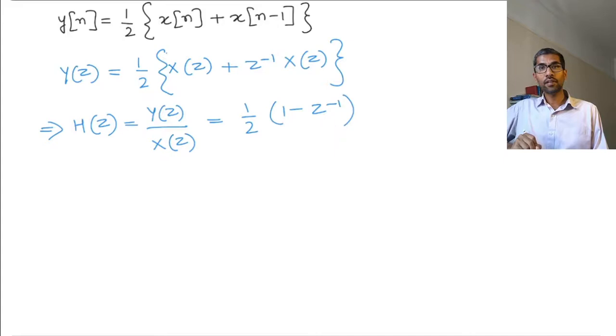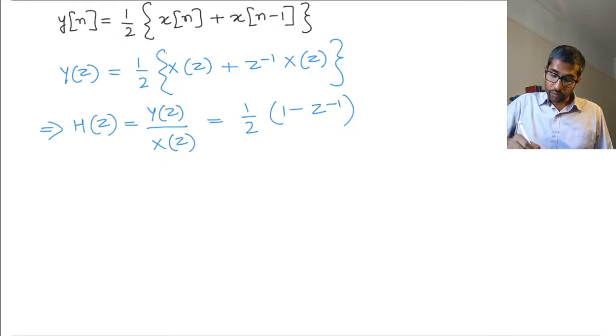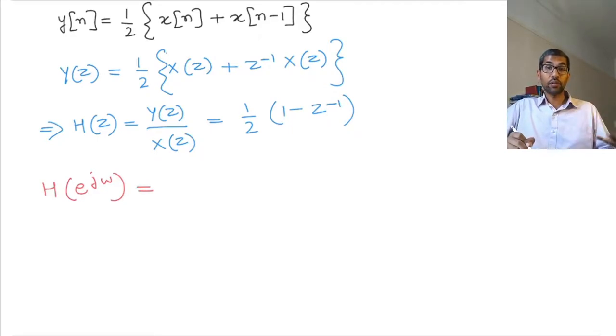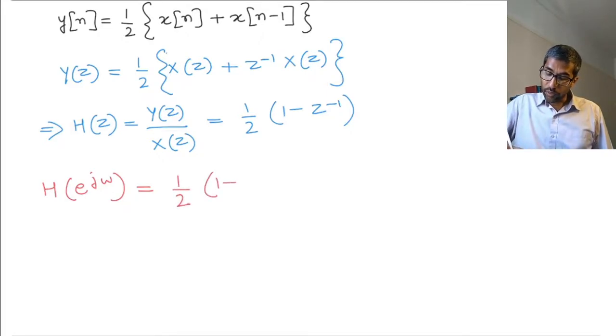Is that all right? Now we want to find the frequency response of this system, H(e^jω), and we can do that by substituting z = e^jω. So we get 1/2 (1 + e^-jω).